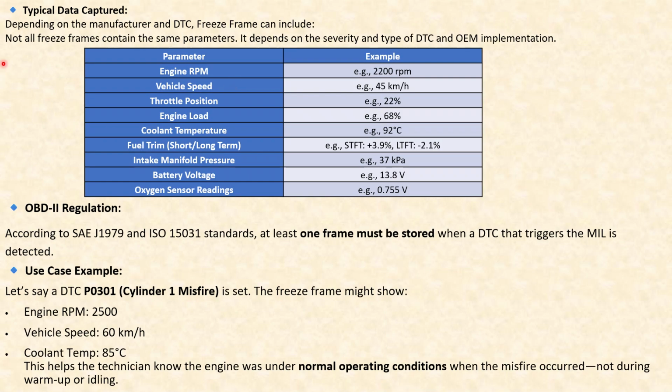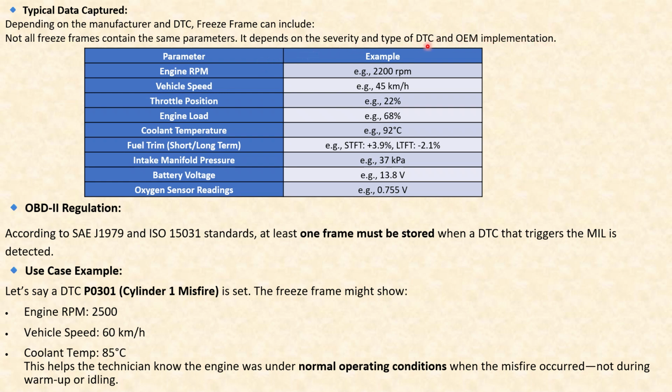Now, we'll see what are the typical types of data that are captured as part of the freeze frame. Depending on the manufacturer and DTC, freeze frame may not all contain the same parameters, but understand this is not an exhaustive list or a common list. This is a very generic list. It depends on the severity and type of the DTC and the OEM implementation.